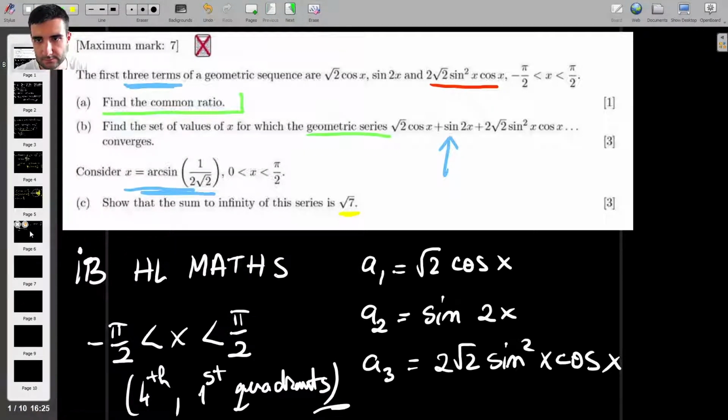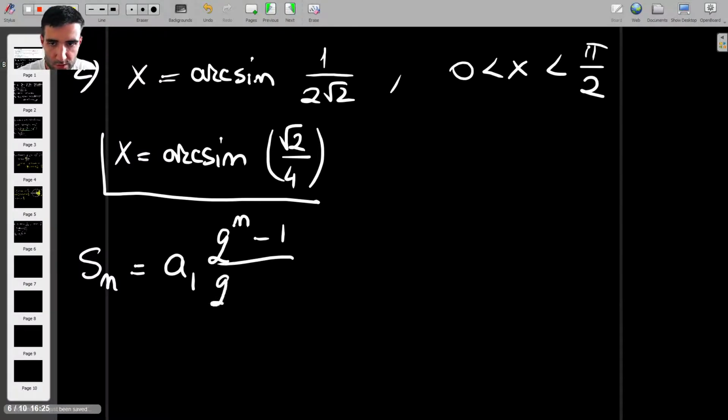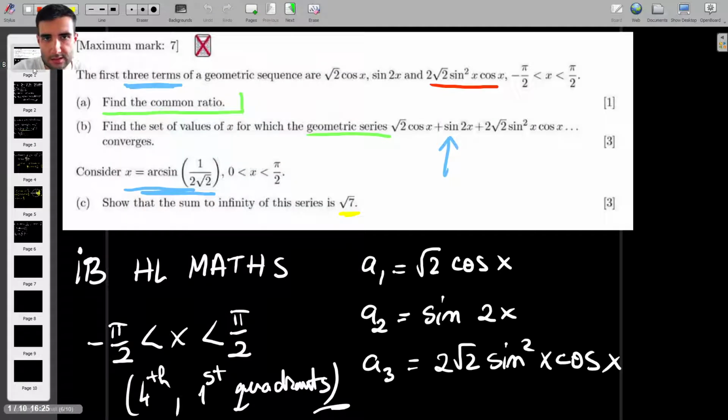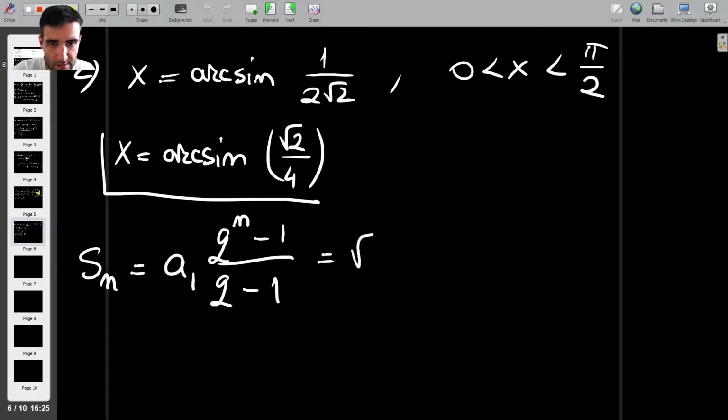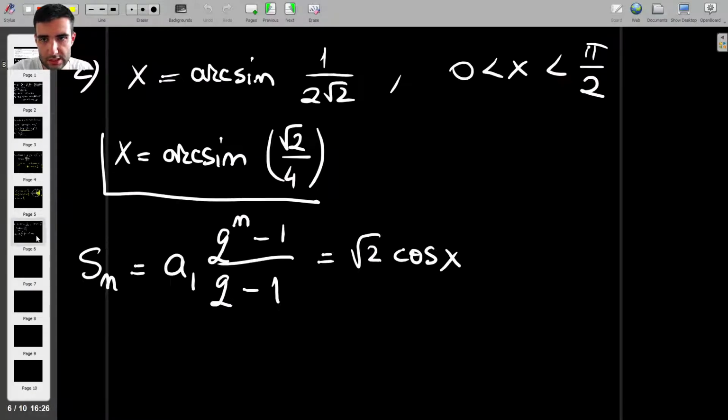First of all, we have the fact that the sum is a1 times (q^n − 1)/(q − 1). The first element in this series is root 2 cosine x, and the ratio is what we found in part A, which is root 2 sine x.